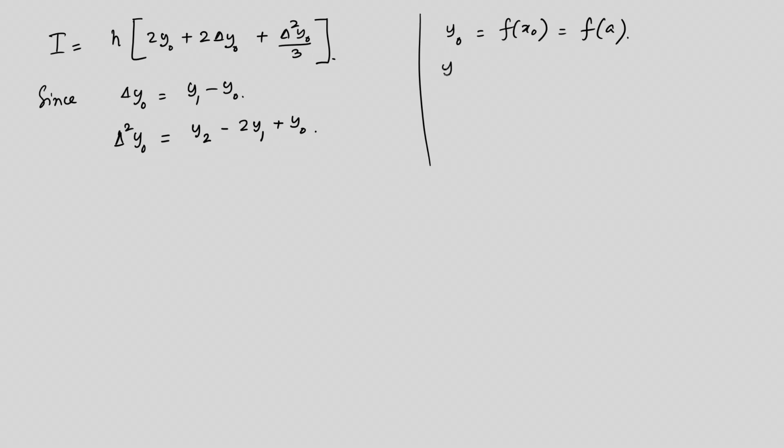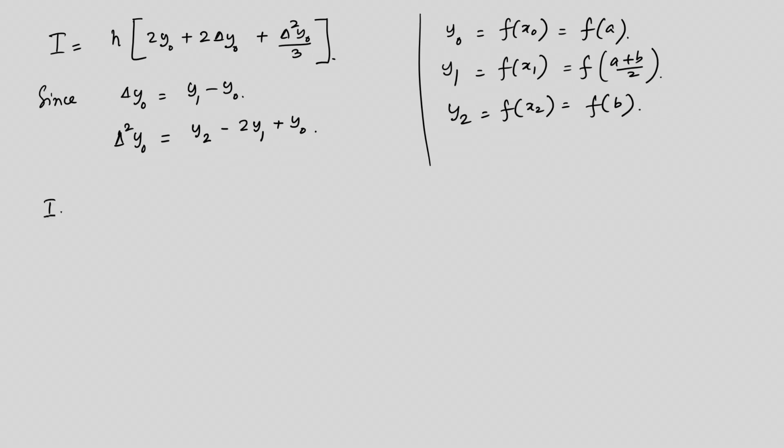What is y 1? It is f at x 1, which is f at a plus b by 2, and what is y 2? It is f at x 2, which is f at b. Okay. So, these are the things that are there.